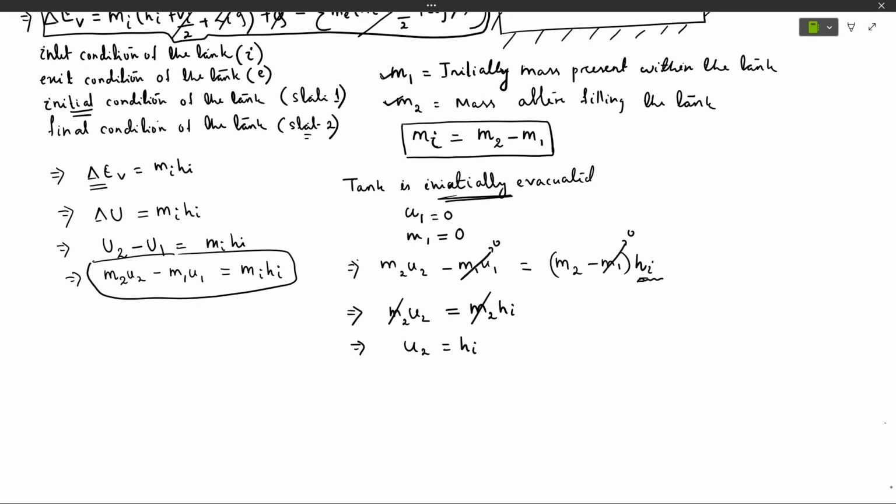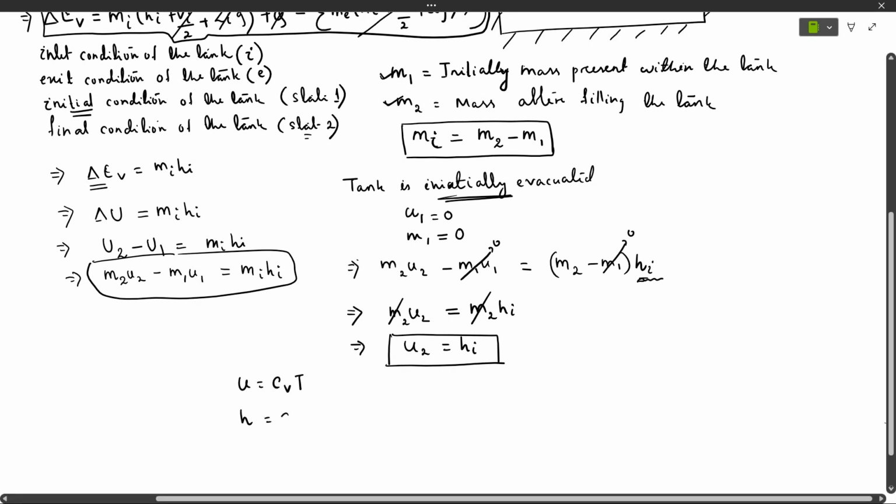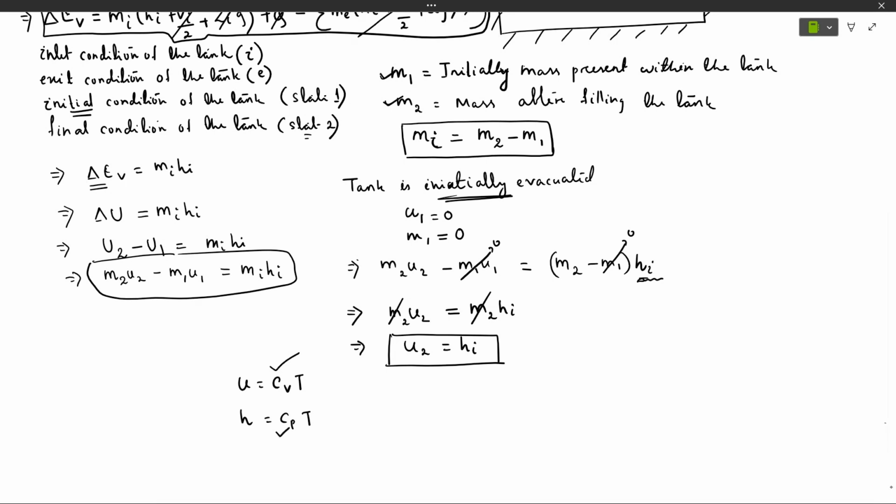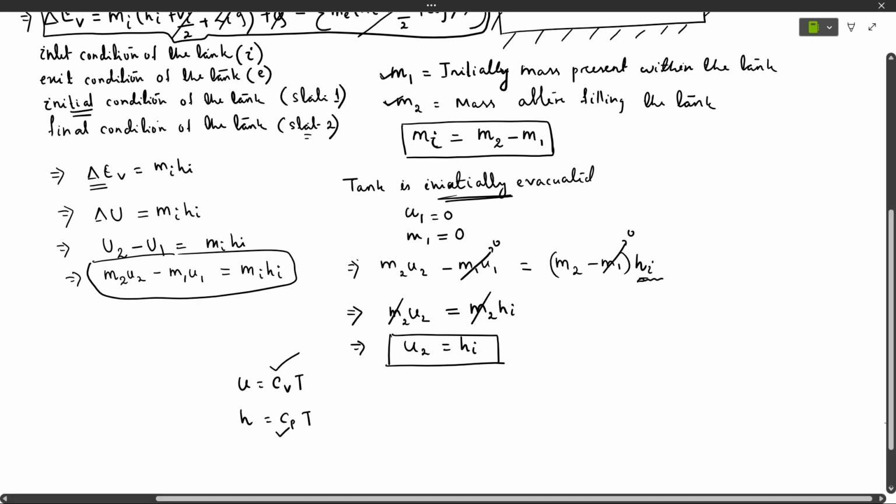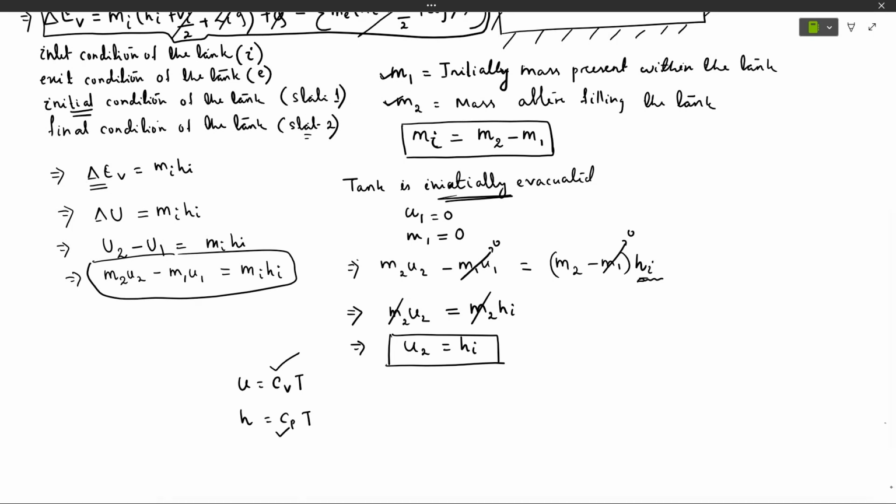And we know that u is equal to C_v T and h equal to C_p T. In the question, the values of C_v and C_p are mentioned, so we use these values to further calculate this numerical.